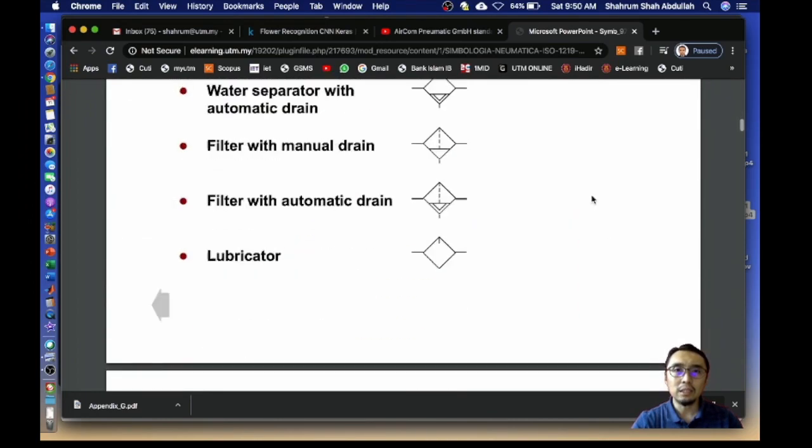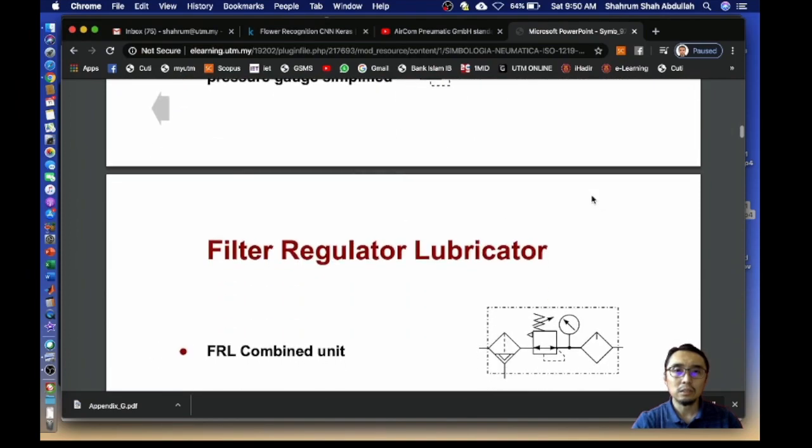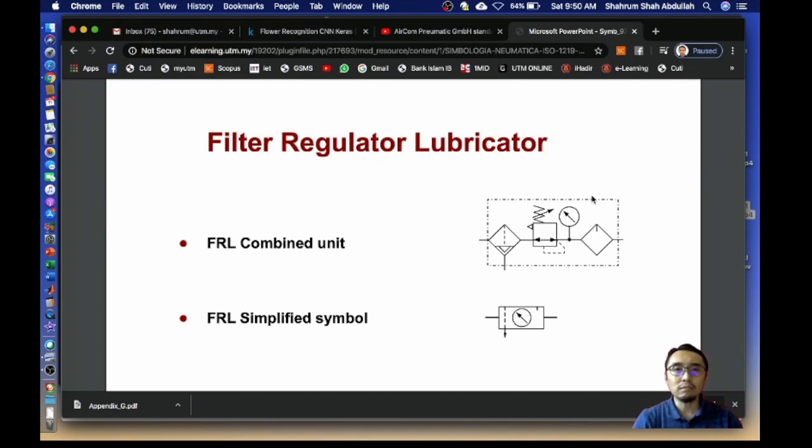I think it is at this page, right, this is the one: filter, regulator, lubricator. Normally it will be combined together to treat the air that is being taken from the atmosphere, and the symbol is shown here. Most simulation software will use this symbol as shown here.